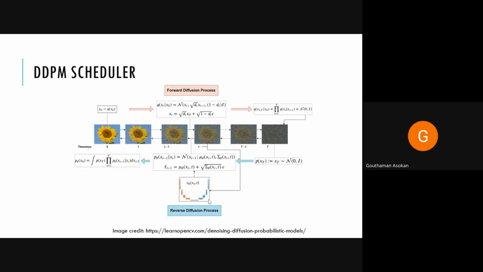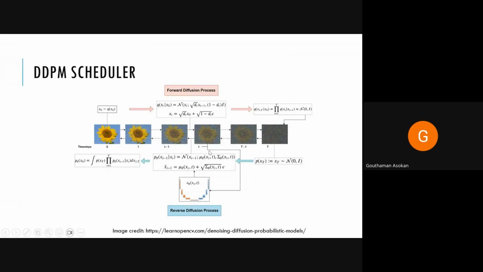So we see here how the whole DDPM scheduler works. We take this image and we try to successively noise it. Here you can see the noise follows a distribution, and from this distribution we noise it, and once it's completely noised, it looks like this. From this we do reverse diffusion to go back to the original image.